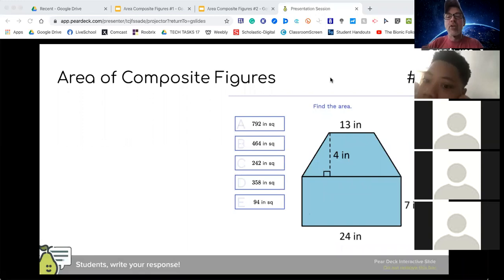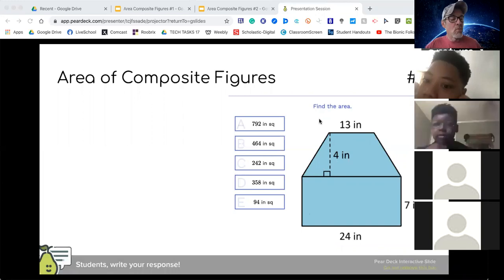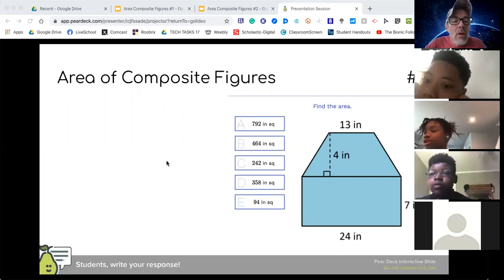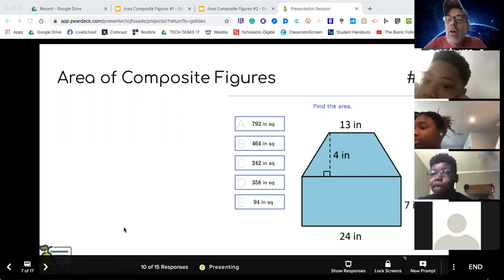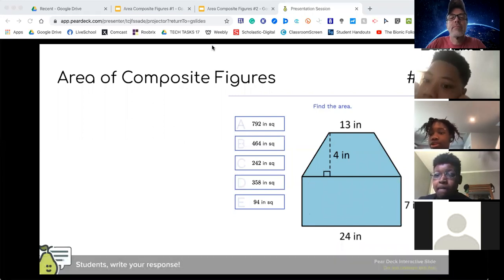Could someone tell us how you got C? I can. Okay, thank you. So first you multiply 24 times 7 for the rectangle. Then you add 13 and 24, which is 37. Then multiply that by 4. Then you have to divide that by 2.